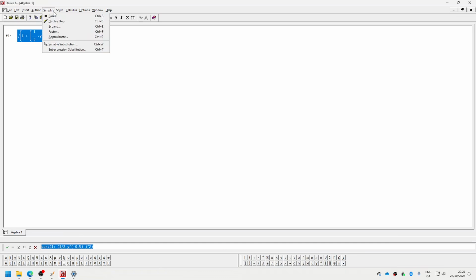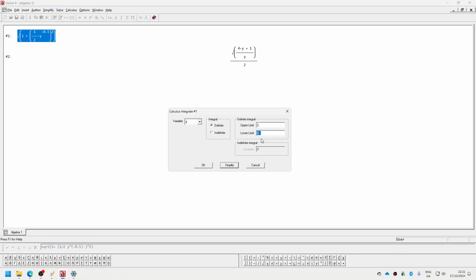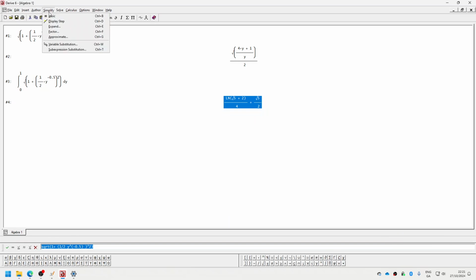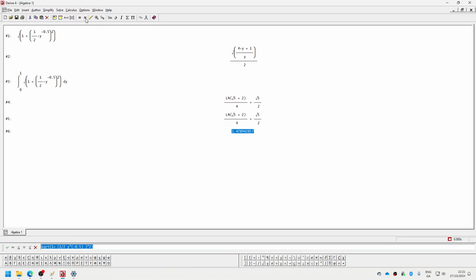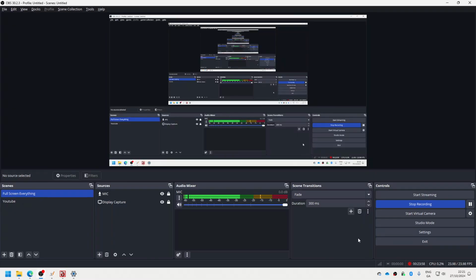Get that right. 1 plus, yeah, and let's just integrate this from 0 to 1. 1.47, so 1.48. And I'm absolutely flabbergasted that I got this right. Absolutely unbelievable. And it only took 24 minutes.